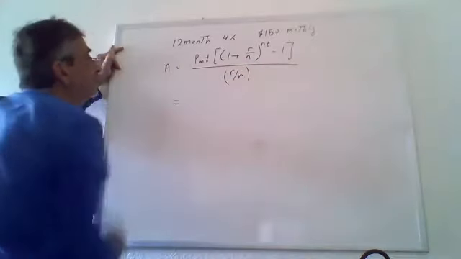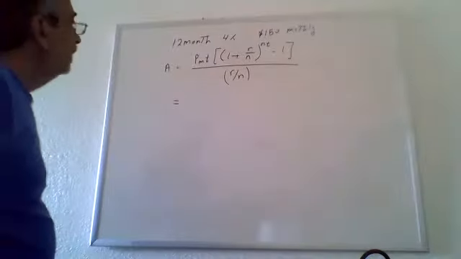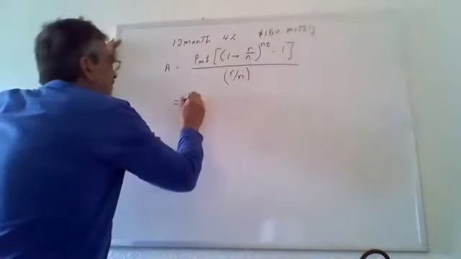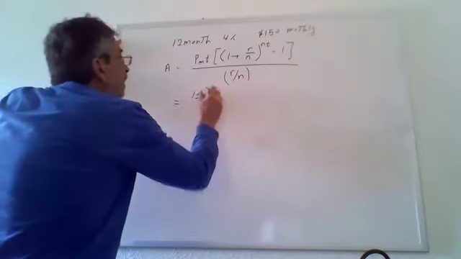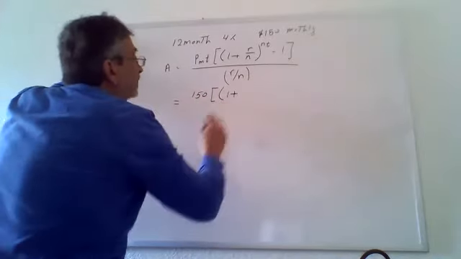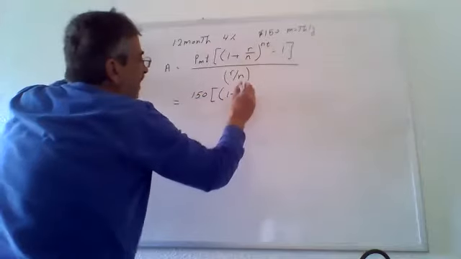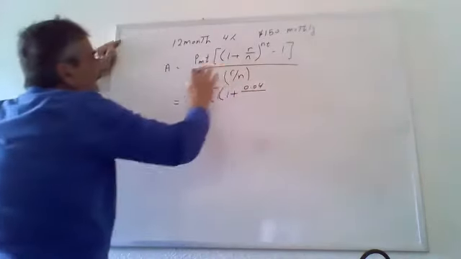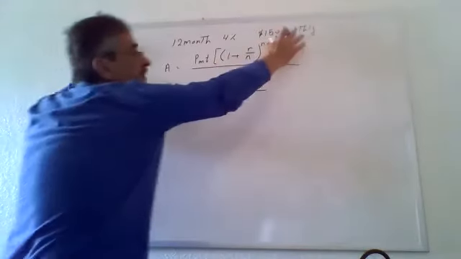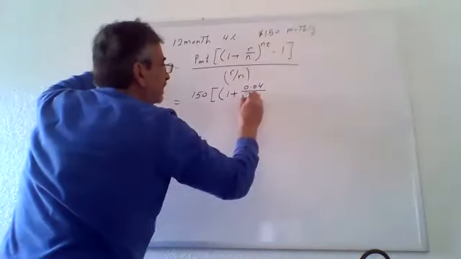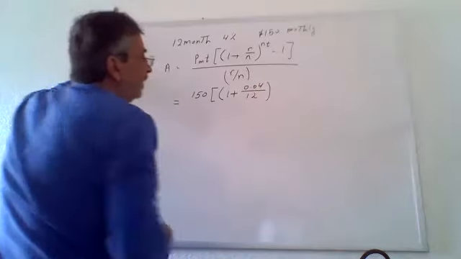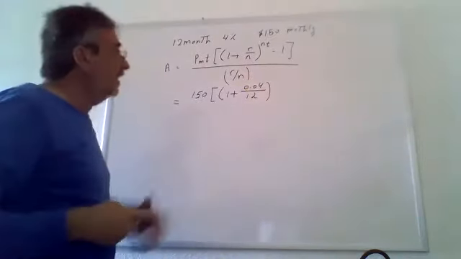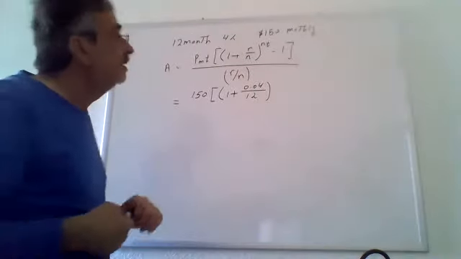So that's equal. In this case, the payment is 150 a month. So that's 150. R is 4%, that's 0.04. N is, again, since this is monthly, 12. Now notice, NT is how many months in this case?